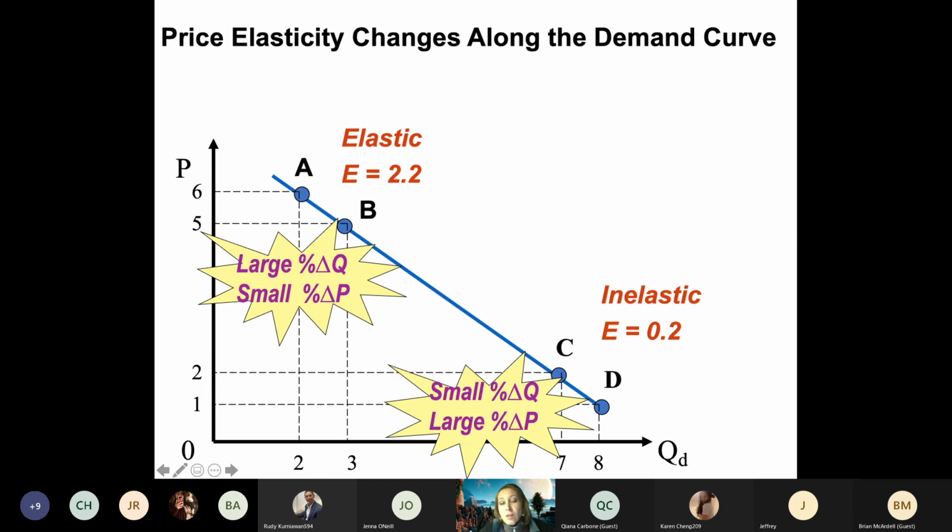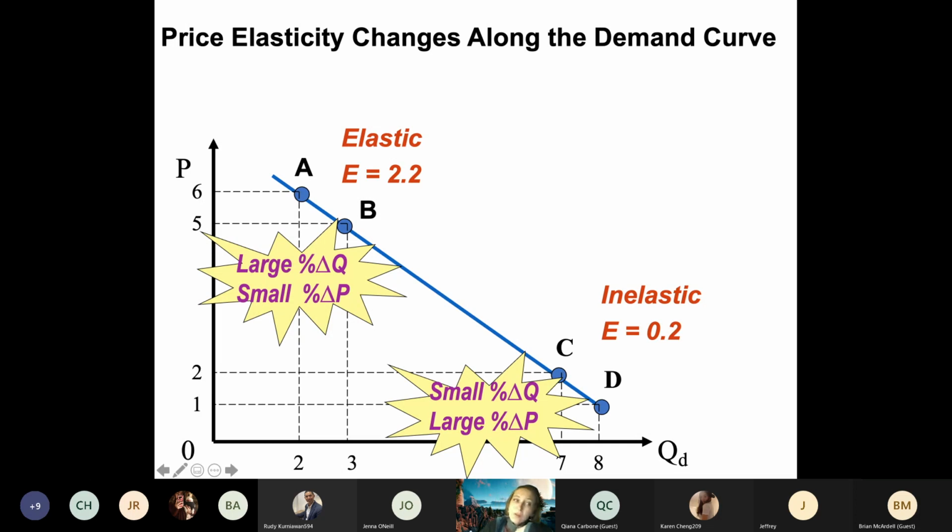In response to a $1 change in price, which is a 100% change from $1 to $2 in this example, it results in a small percentage-wise change in quantity. So as we divide the small percentage change in Q by a large one in P, we get a number that's less than 1 in absolute value. And we can conclude that demand is inelastic.